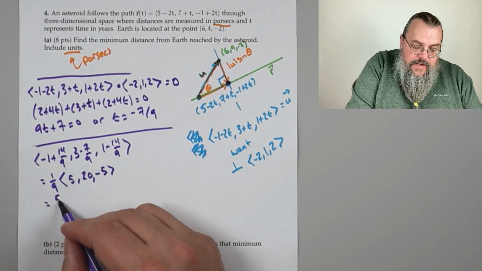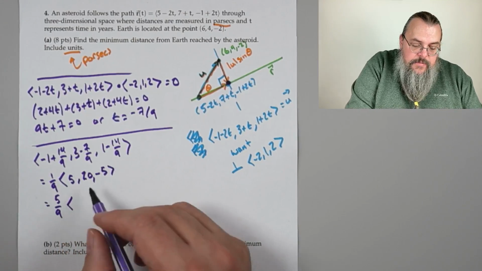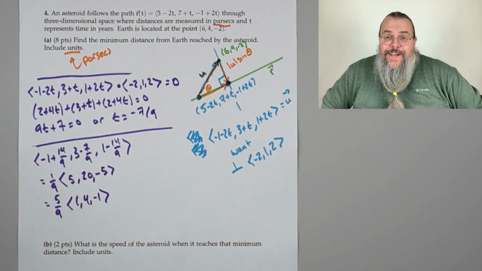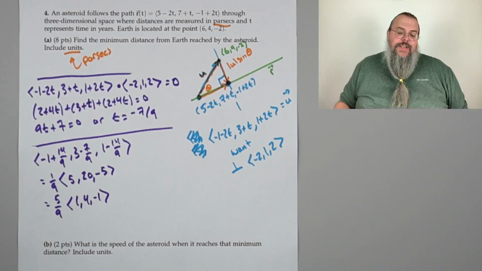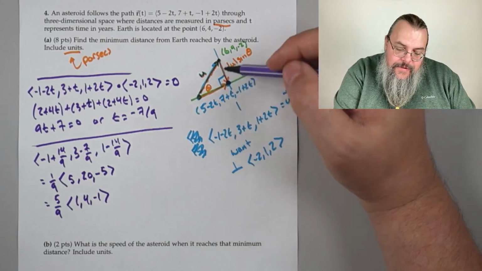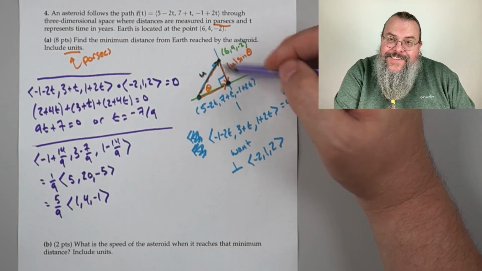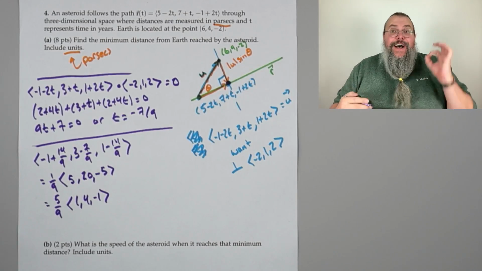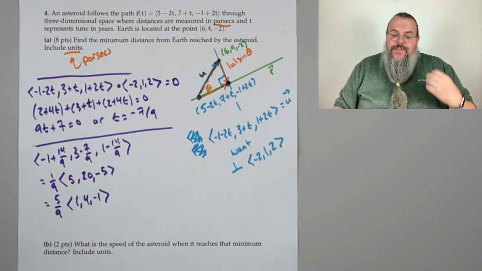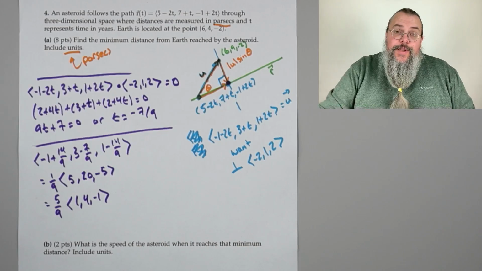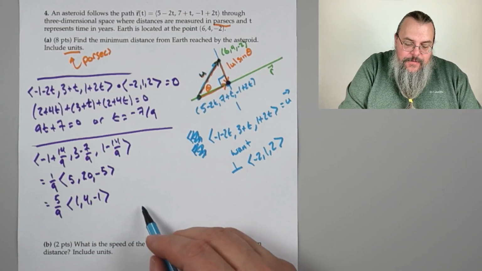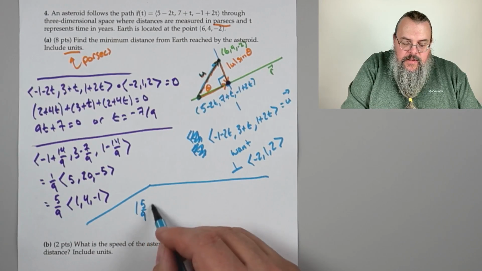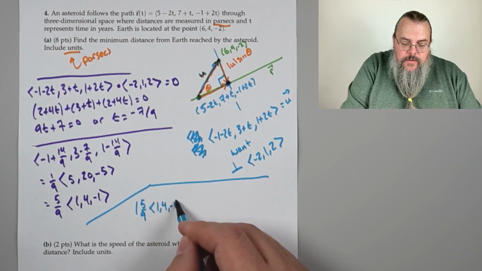So we have 5/9 times (1, 4, -1). All right, we're in our home stretch. This is the vector on that side. We need a distance. Distance is a number, not a vector. So we take the magnitude of 5/9 times (1, 4, -1).